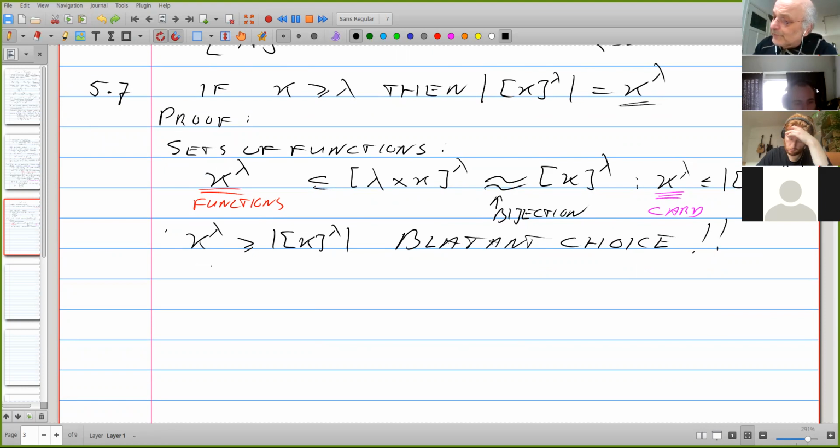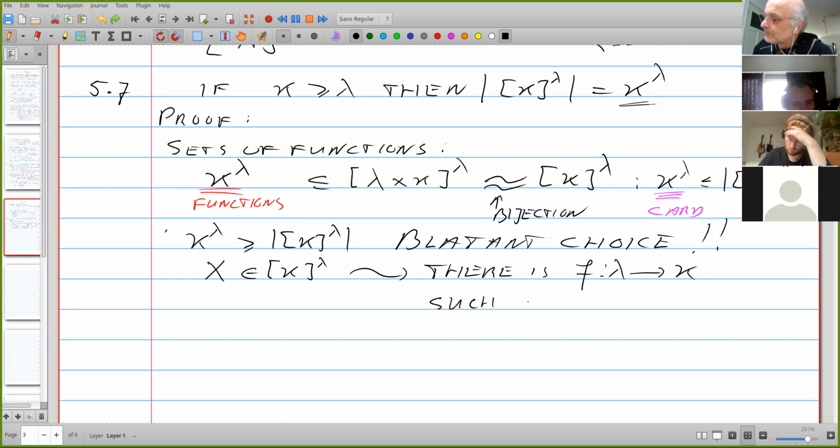How is that? Well, if we take x in... For every set of cardinality exactly lambda in kappa, there is a function from lambda to kappa that has that set as its range.